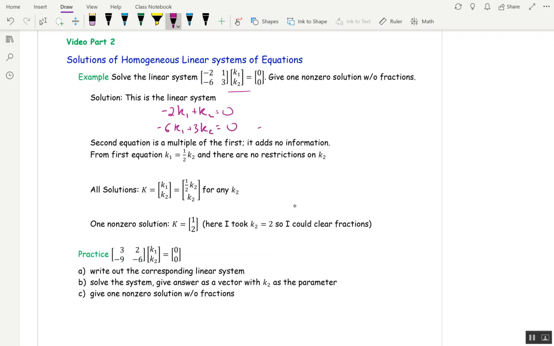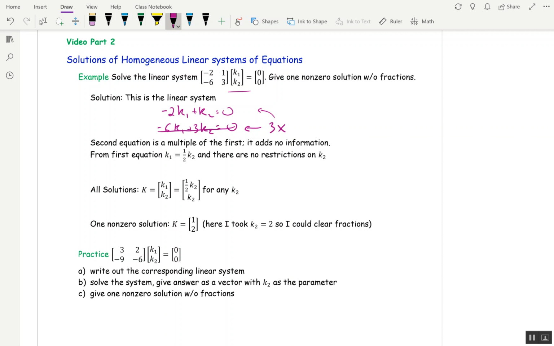Now notice this equation here is 3 times the first equation. When you take a non-zero scalar multiple of an equation, you're not adding any information. So this equation is actually unnecessary. It's not adding any information to the linear system.